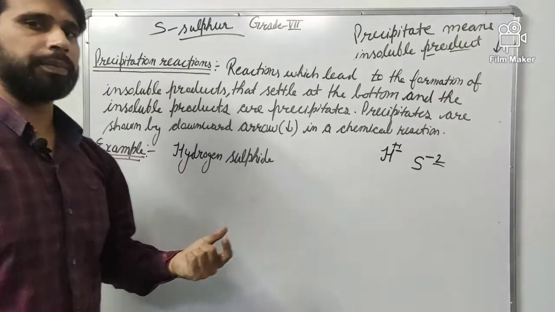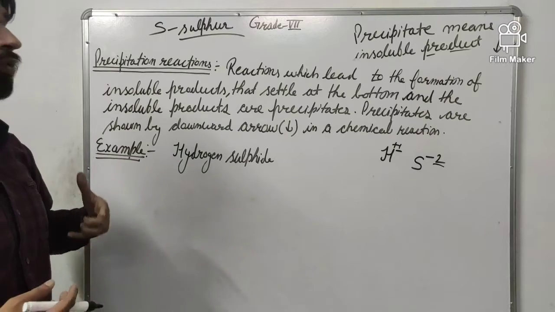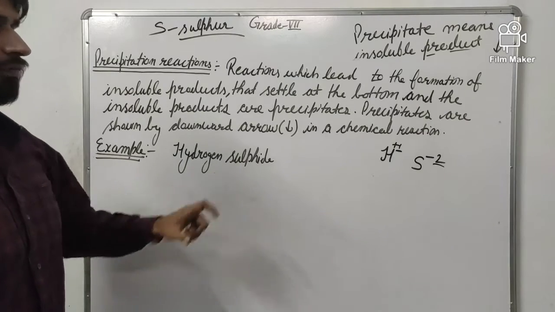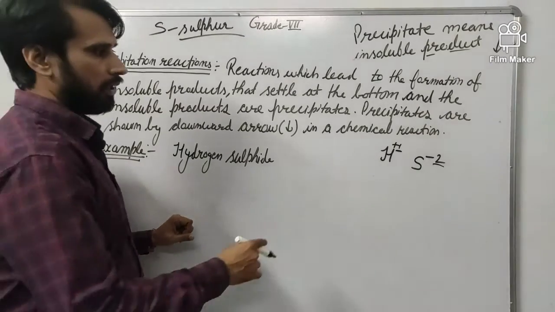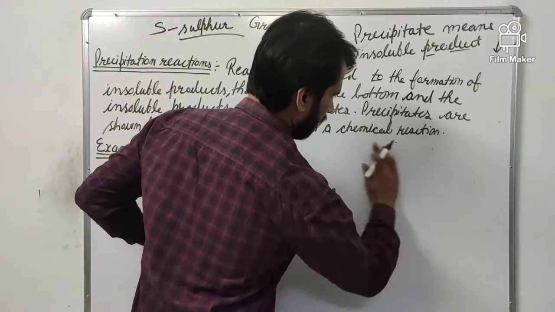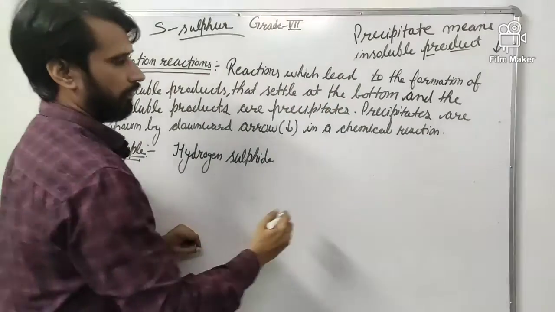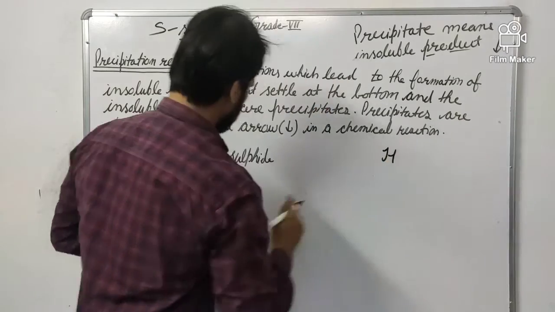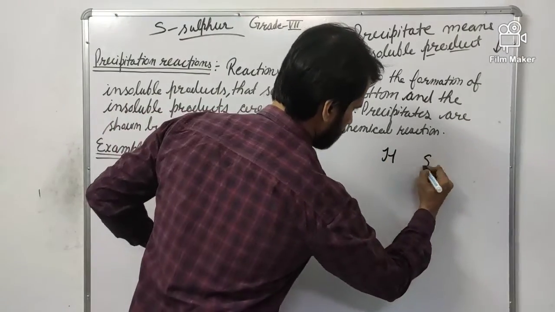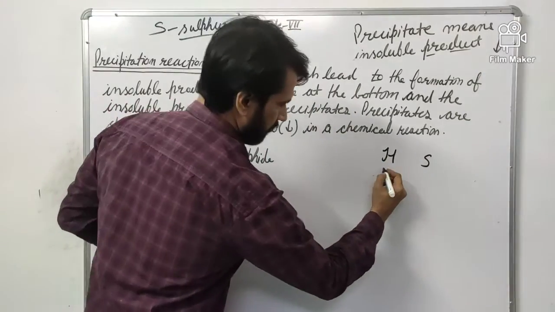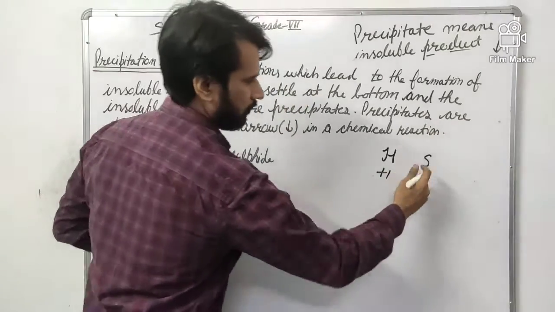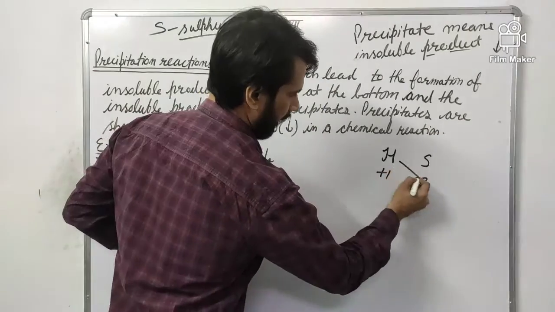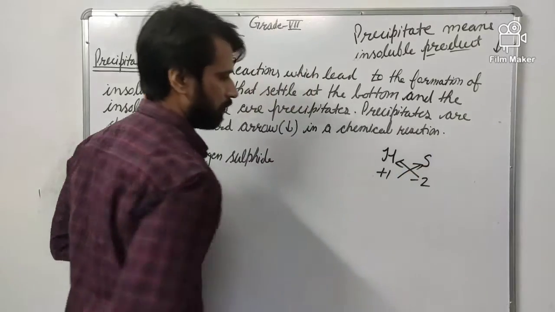Just if you want to remember the things, if you want to know more things. Okay, like hydrogen sulfide, how do we write hydrogen sulfide? To write hydrogen sulfide, first the symbol of hydrogen is H, the symbol of sulfur is S, and the charge on hydrogen is +1, the charge on sulfur is -2, and then we have to cross multiply.